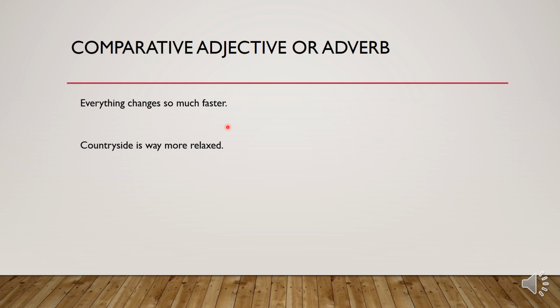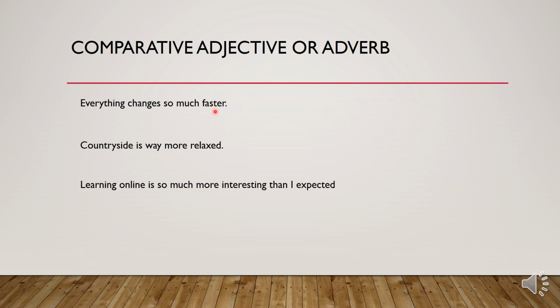So here the adjective is a comparative adjective, faster and more relaxed. Learning online is so much more interesting than I expected. Here there is a comparative using more interesting. Of course it's a long adjective, that's why I have to add more.